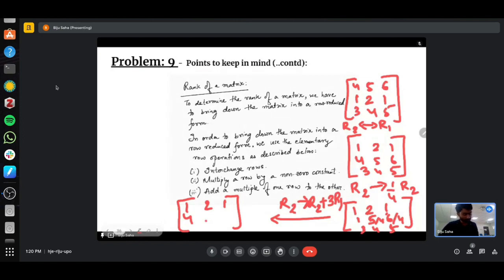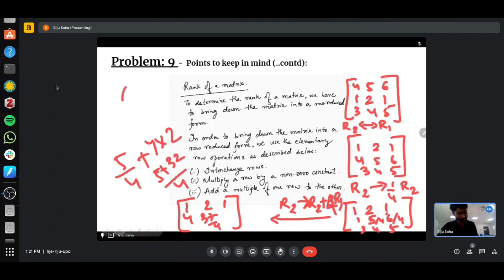Then let's multiply by 4, so that it will no longer be fractional. So 4 into R1 would be 5 by 4 plus 4 into 2, so it will be 8, and 37 by 4. Likewise we can change the third element also. It would be 6 by 4 plus 4.